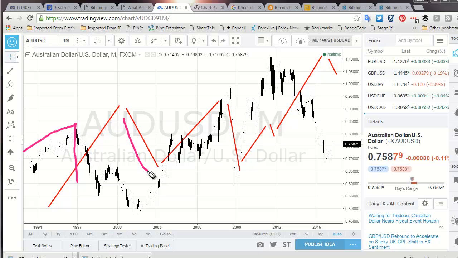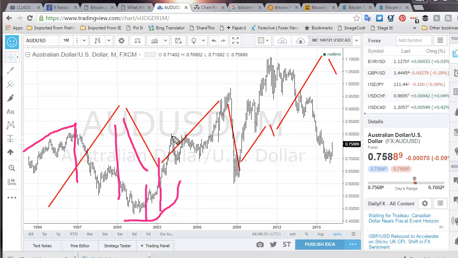This run down here does mirror this one. This run up stops here. This run down continued here, whereas the Aussie dollar had already turned the corner.